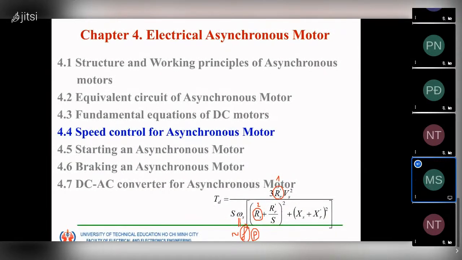Yes. Next, you can change the voltage supply. Yes.